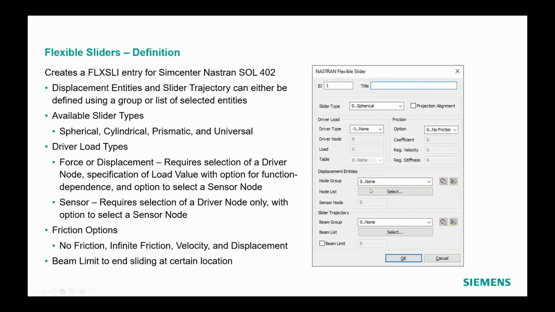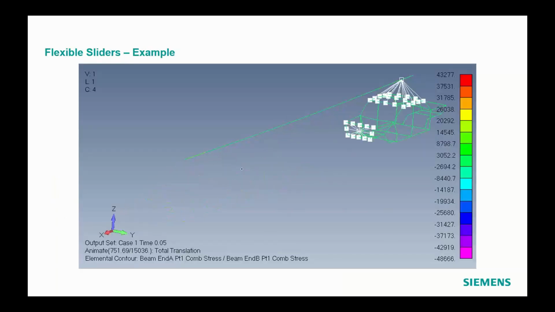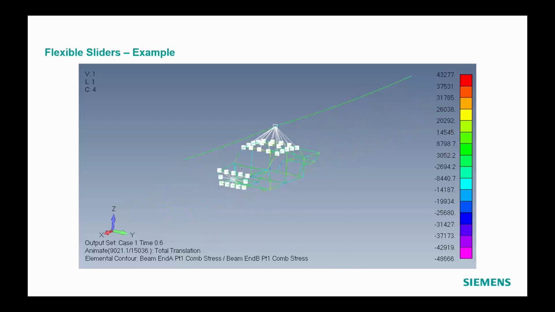And you can see you can either select a node group or a node list for your entities to be displaced along that slider, and then either a group of beam elements, or you can select here in this dialog to get your beam elements to define that slider trajectory. And here's a quick example of what looks like a car frame sliding along a track.